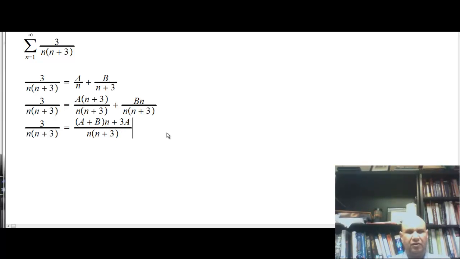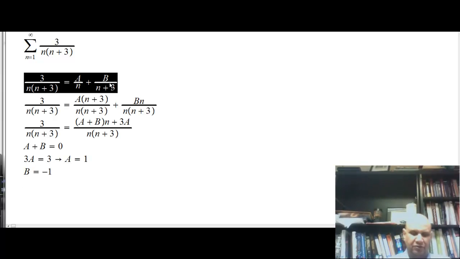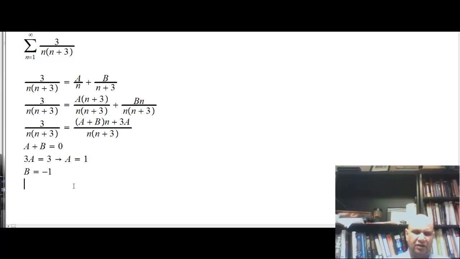Am I correct? If you compare the two sides, you have a plus b equals 0 and 3a equals 3. When 3a equals 3, a equals 1, and b equals -1. You could have seen it directly, but it's good to do it leisurely.